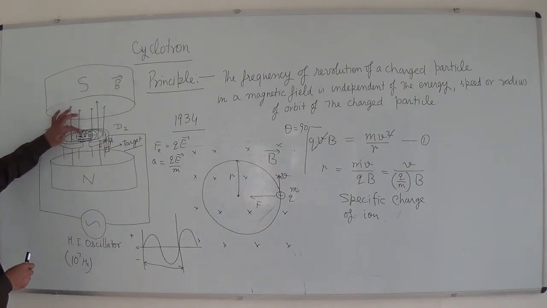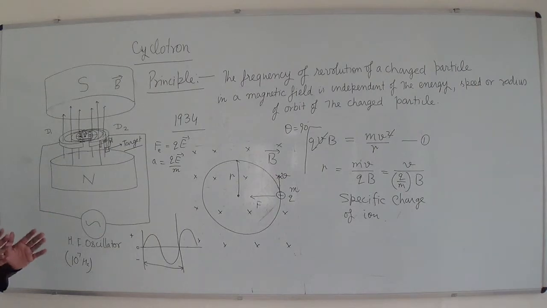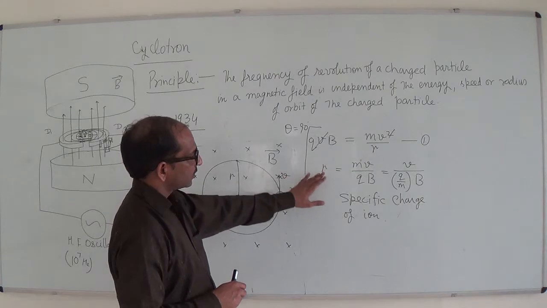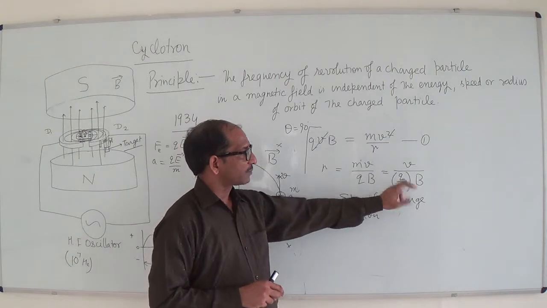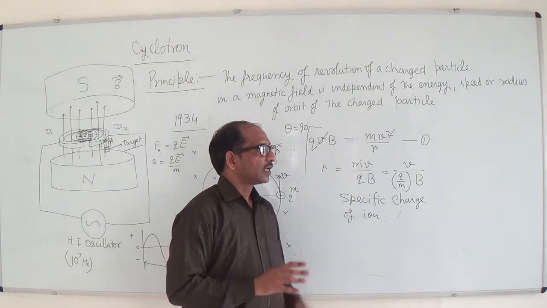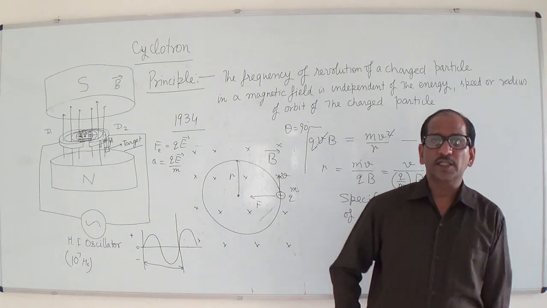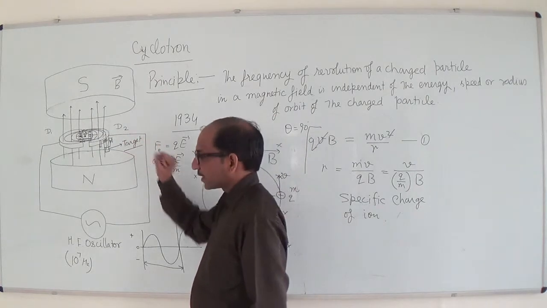So whether that ion completes a small circle or a bigger, larger circle, in every case it takes the same time. Time is the same. So here we have seen that the time is independent of the radius; it depends on the specific charge and the magnetic field. The radius depends on the velocity of the charged particle, and the velocity of the charged particle is increasing because of the electric field, not because of the magnetic field.